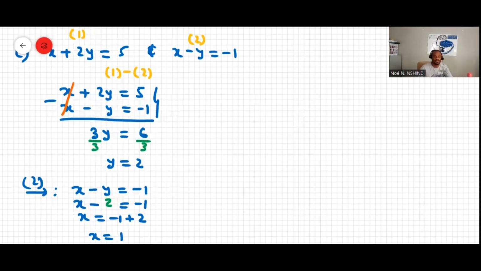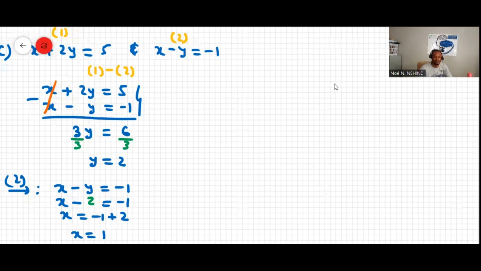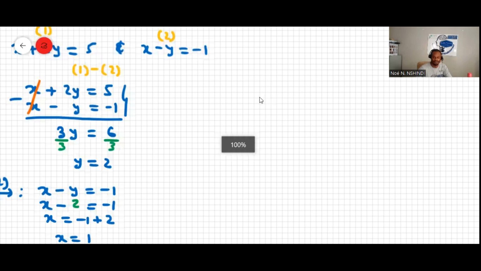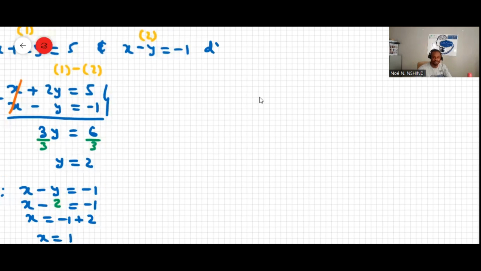We can also do question D. I can move this a little bit to that side, and then D. We have 3x plus 5y equal 8, and then x minus 2y equal to -1.